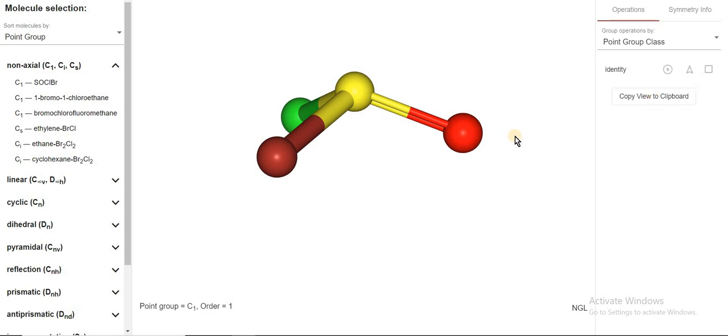Identity element is found in every molecule. It exists for every molecule and every specific molecule has its own identity element. We can understand it, for example, like an Aadhaar card.